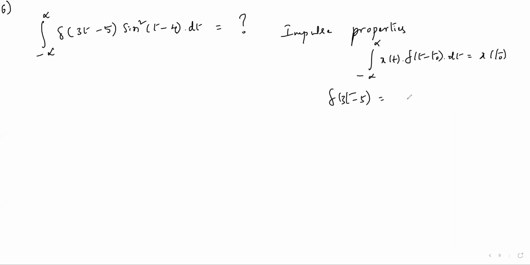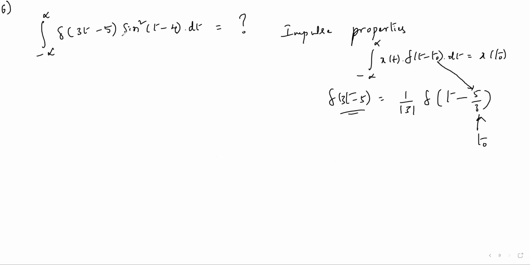First we need to write it using the scaling property, recall it: 1 by mod 3 delta of t minus 5 by 3. I gave the second form of the scaling property in the first class. So we can rewrite this expression like this, so that this becomes delta of t minus t naught. If we compare, this t naught is 5 by 3, we got it.